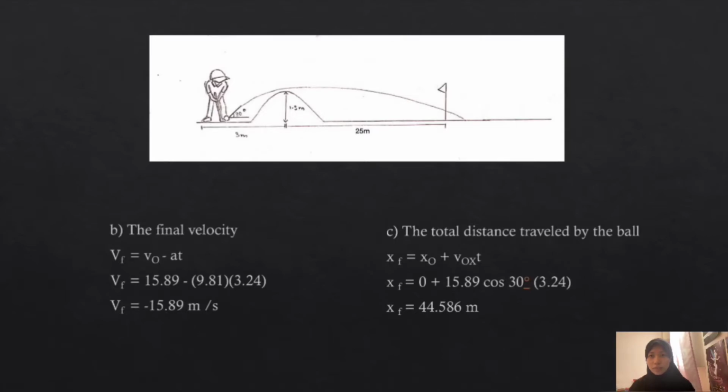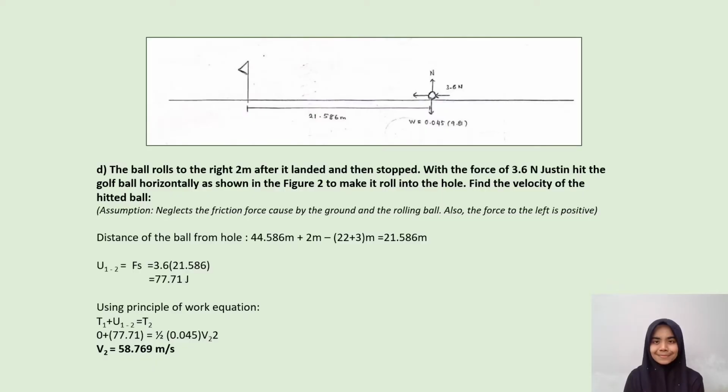We need to put the cos 30 because we are using the velocity on the x-axis, and t is 3.24. The distance that we will get is 44.586 meter.